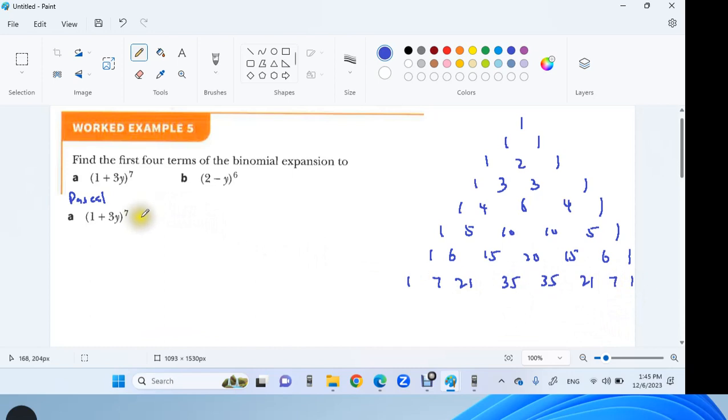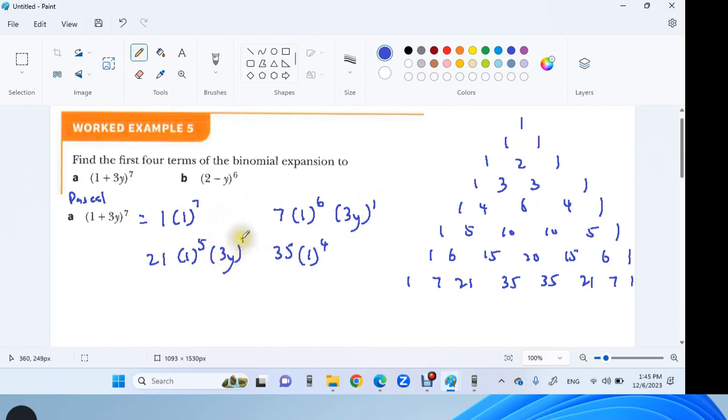So for power 7, it will be 1, 7, 21, 35. And we have 1 to the power of 7, 1 to the power of 6, 1 to the power of 5, and 1 to the power of 4. And we have 3y to the power of 0, so we don't write it here, 3y to the power of 1, 3y to the power of 2, and 3y to the power of 3.